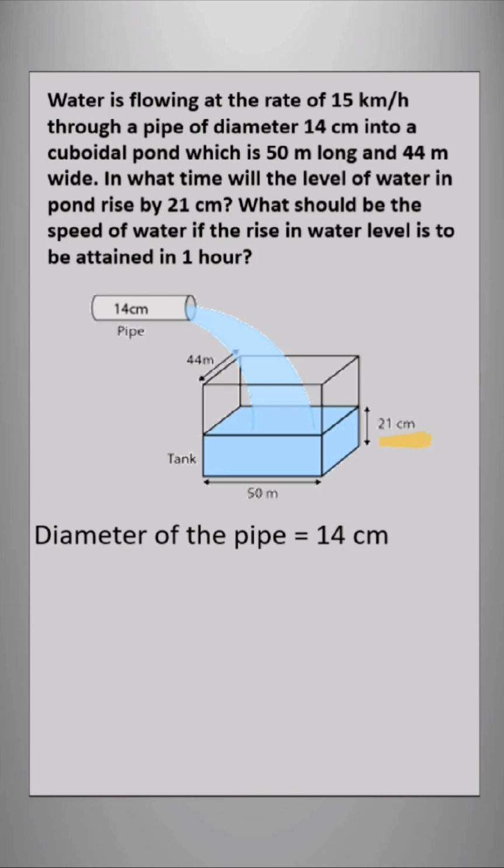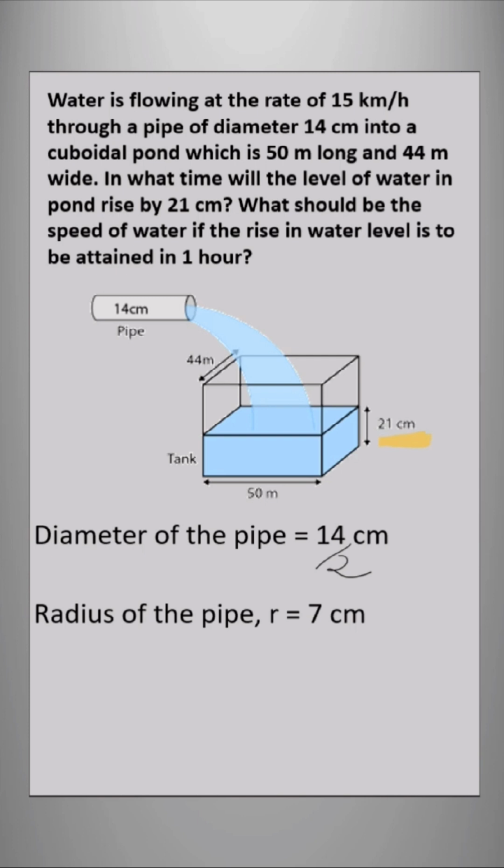So now let us write the dimensions of the cylindrical pipe. Diameter of the pipe is 14 centimeter, so radius is 7 centimeter, 14 by 2, that is 7. We have to convert it into meter.